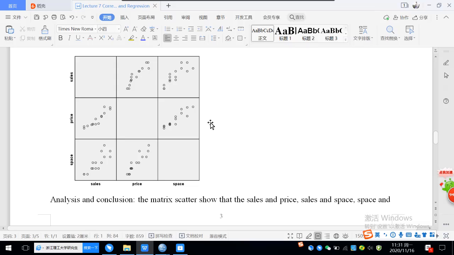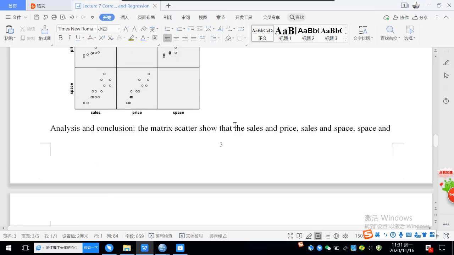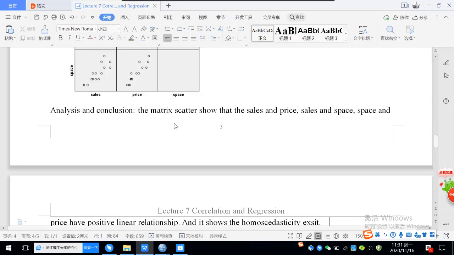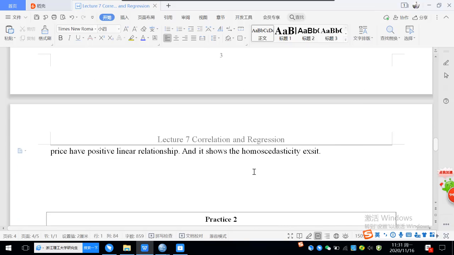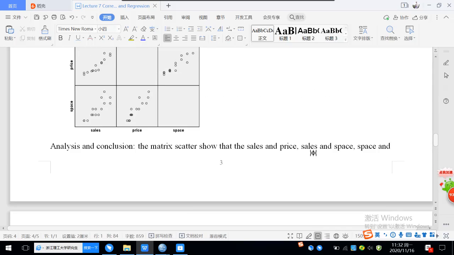Okay, and Jisoo said that the homoscedasticity also exists. That's correct. That's good. Great. So here's the analysis and the conclusion, and it shows the homoscedasticity exists. Okay, that's the first part.